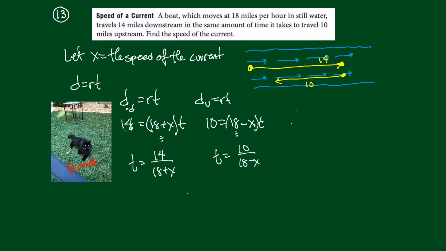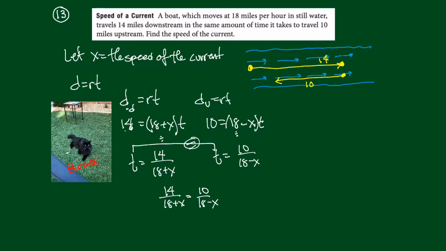So you know now that these two times are equal. So if I set these equal to each other, I'll have 14 over 18 plus x equal to 10 over 18 minus x. And there's a rational equation that we can solve.